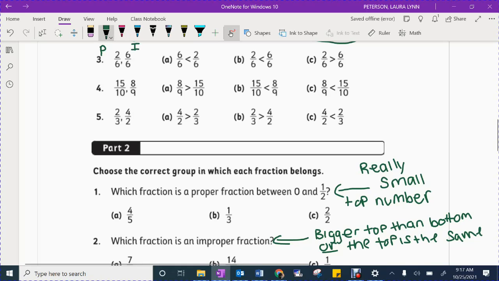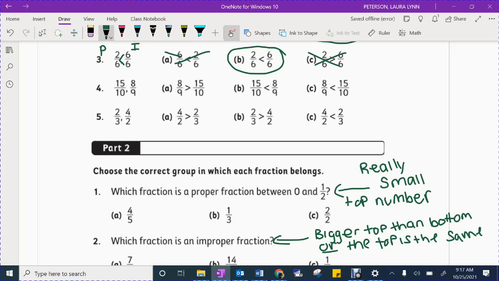Well, I know improper is always bigger, so I need to look for when an alligator sign is eating 6 over 6. Which one do you think that is? If you guessed B, you'd be right, because the alligator's eating 6 over 6. Neither A or C work.